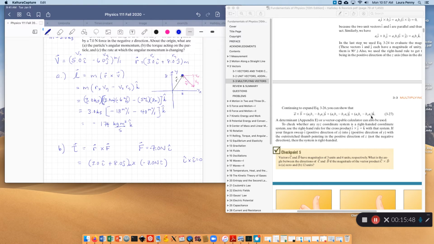So I have 8 meters times negative 7 newtons. All of that is J cross I. Now numerically that ends up being a negative 56 Newton meters.